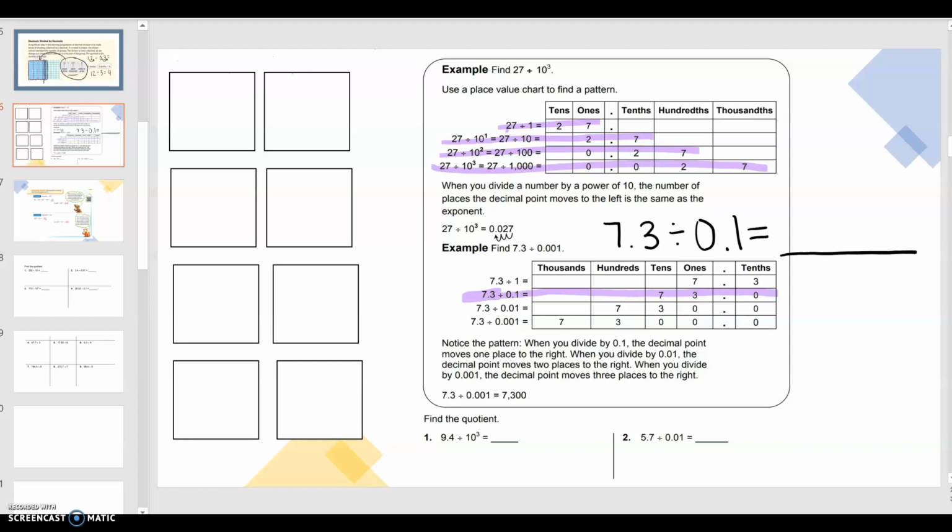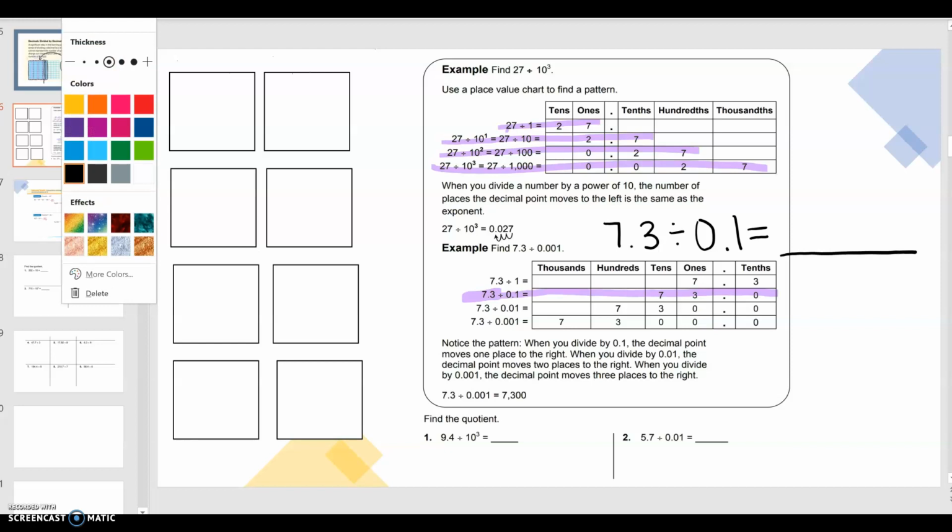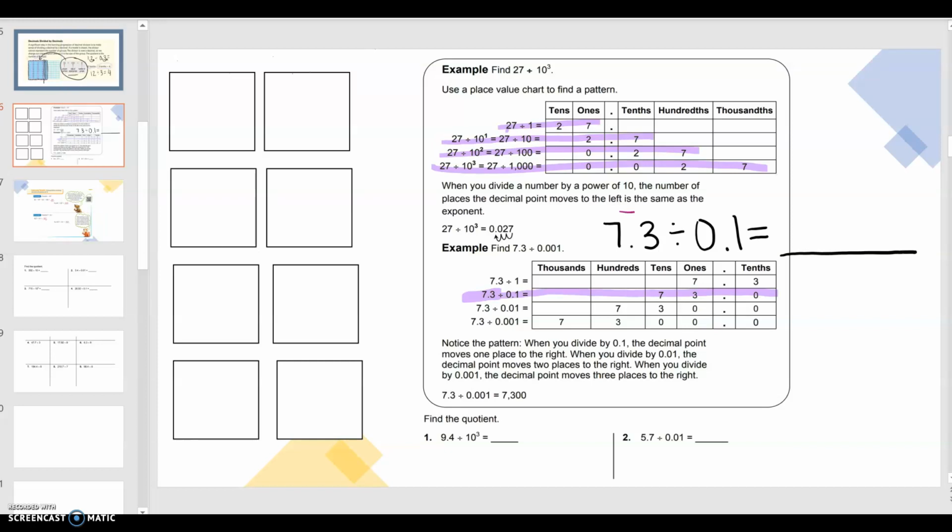Basically, I'm going to show you just a reminder. Let's use purple. This is going to be the total, the amount that we're dealing with.